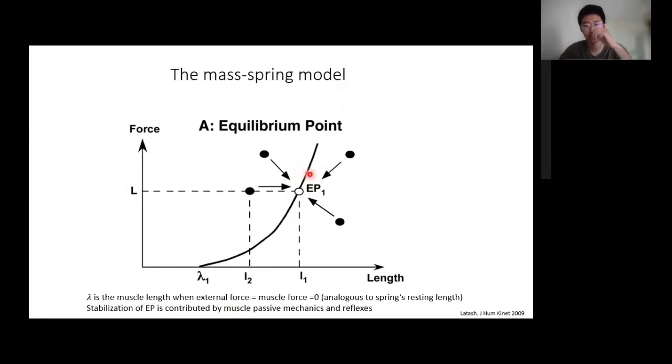But what I can tell you is that the muscle has this kind of force-length characteristic based on experimental measurement, because we can really measure it. After explaining this modeling, I will show you an experiment showing how this curve is measured in real human experiments. So from this figure, you need to know that lambda represents the zero length, what the equilibrium point is, and most importantly, this nonlinear curve of the muscle force-length characteristics.